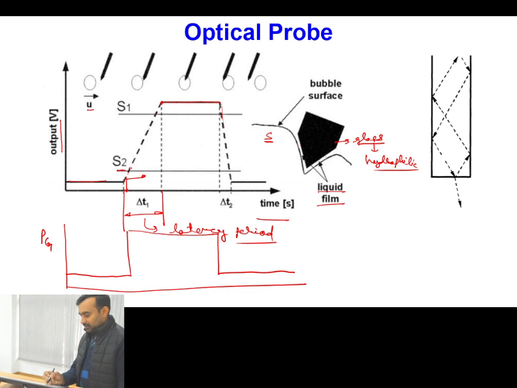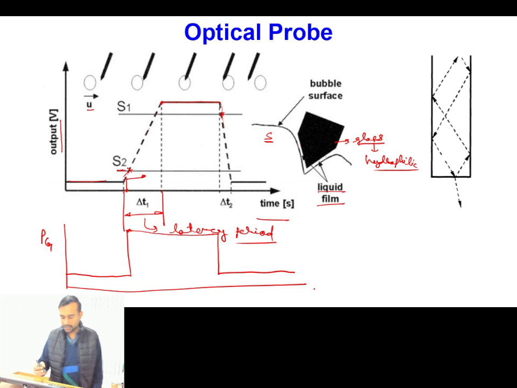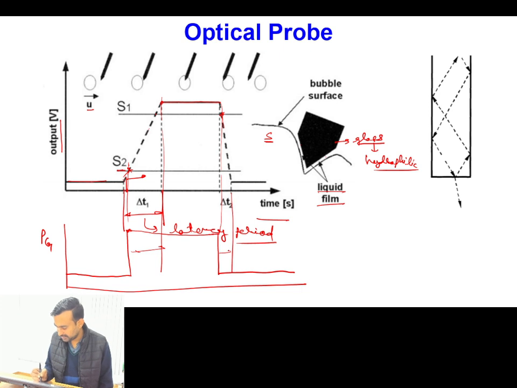Immediately when S2 is crossed, I have given the phase density function as equal to presence of gas. And when the S1 cutoff is crossed, then immediately I have made the signal equal to 0. So this is done to avoid latency. If I do these individual cutoffs, you can see this much latency period I have avoided, and here this much latency period I have avoided, upon giving the individual cutoffs.